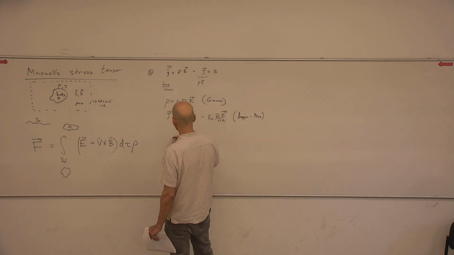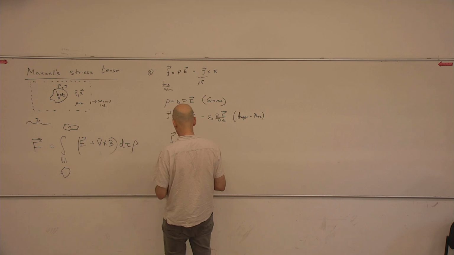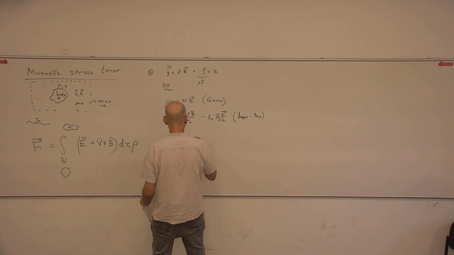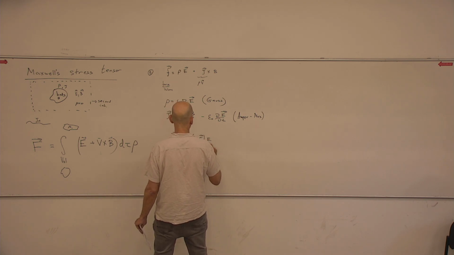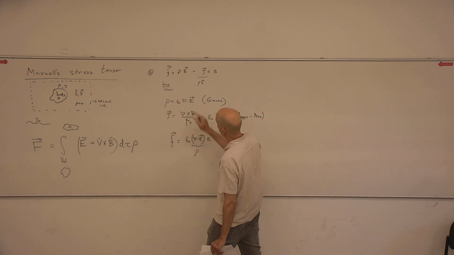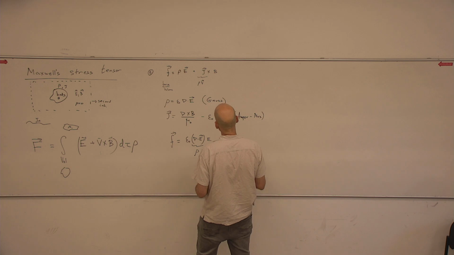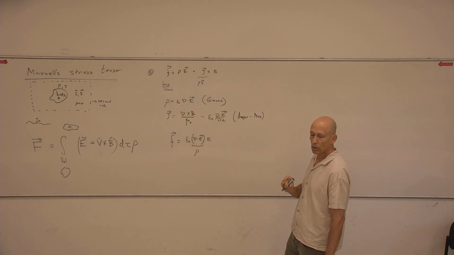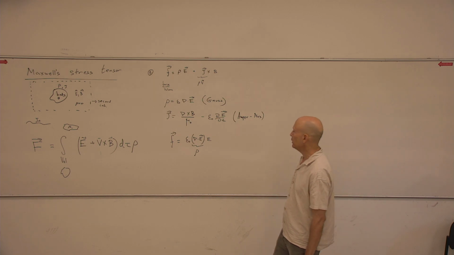So if I use all this, I can write the force per unit volume inside this volume in an ugly form: epsilon0 div E times E. Again, this is simply rho E. And now I had one term, now I'm going to have 2. So the level of complexity went up a little bit, and it will go more and more, don't worry.